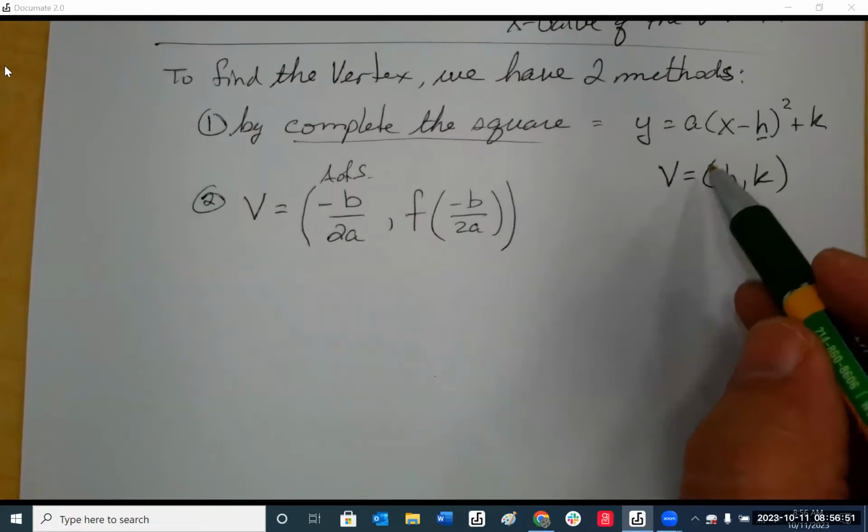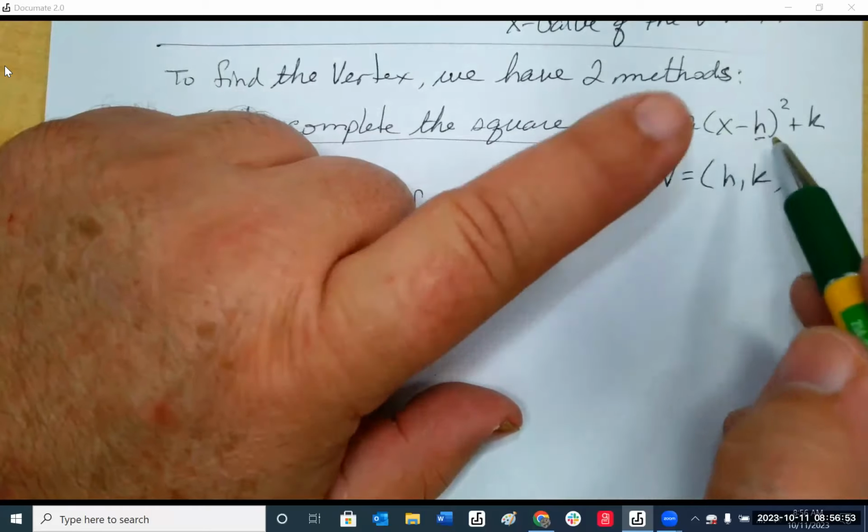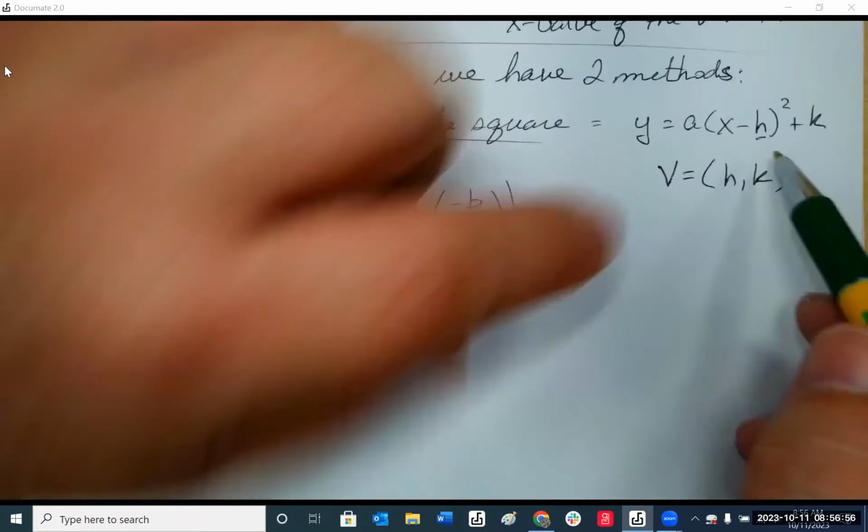Let me give you two equations real quick. We'll look at the vertex with this method.